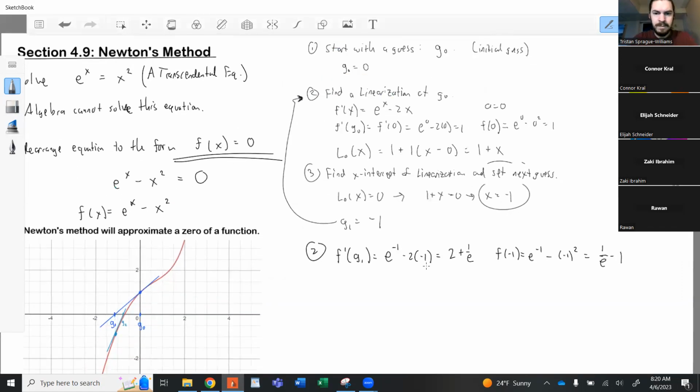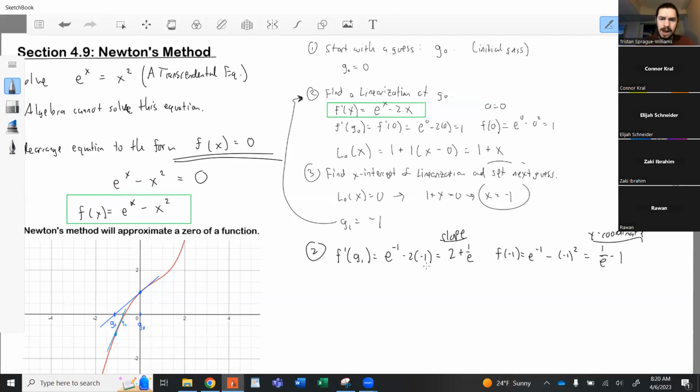Okay. So that was going back to our, let me put little boxes around these. Here's our f function. There's our f prime function. So I was just plugging -1 into those two functions to get the slope and the y coordinate.